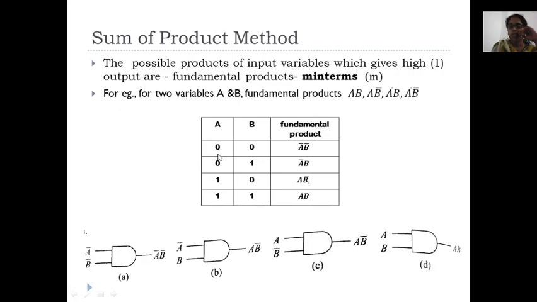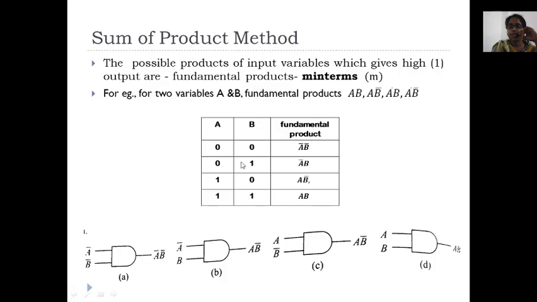But if you invert it, A bar becomes 1, and B bar becomes 1. So the product A bar B bar will be equal to 1 or high. So the fundamental product corresponding to this first entry 0 0 is A bar B bar. I hope you understand fundamental product, that is the possible product of variables which are leading to a high output.